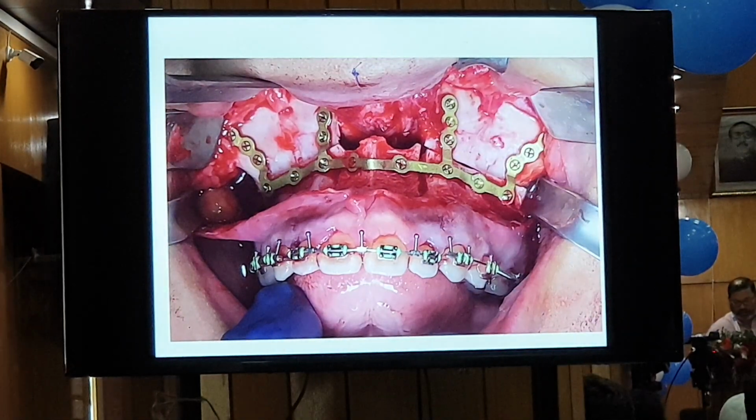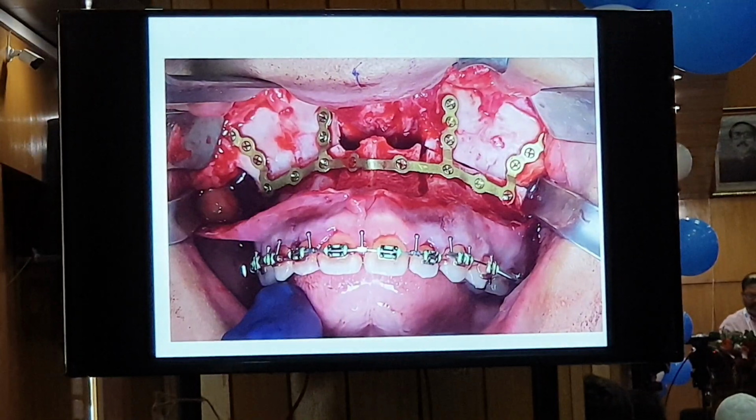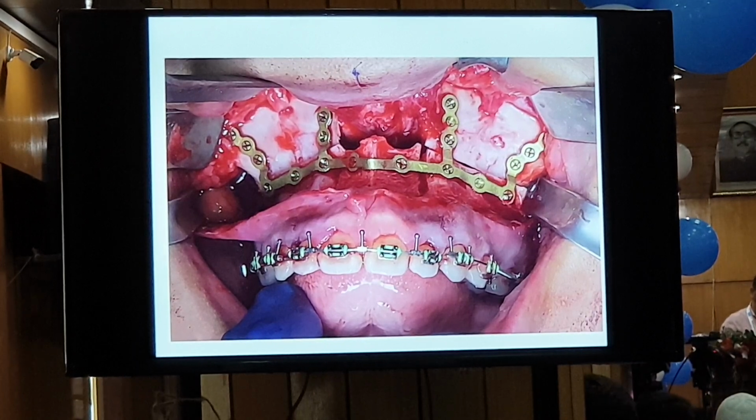And then our custom plate went right into, or screwed into those holes. Theoretically, that will move the maxilla into the ideal position that we had planned for the surgery. So this is a great technique when you have Invisalign, because then you don't need splints. This is splintless surgery when you have these custom plates.